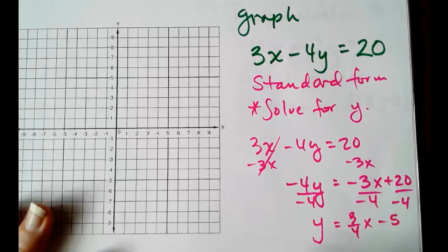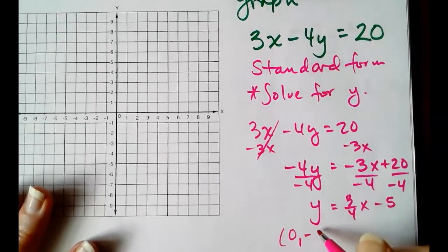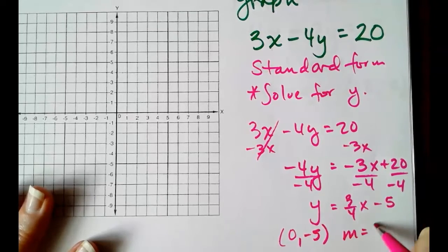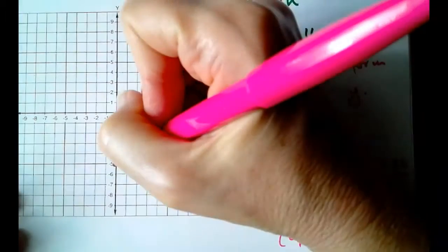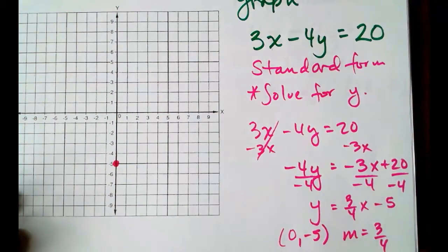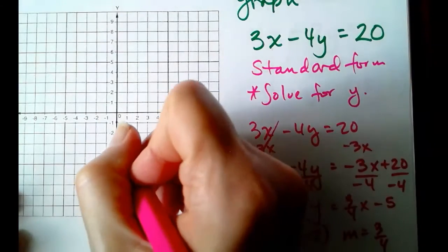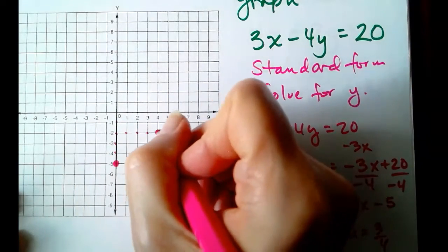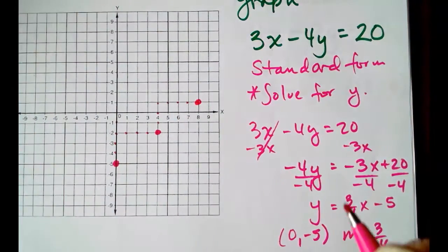So we have a line that has a y-intercept at (0, -5), and has a slope of 3/4. Now it's very easy to graph. So here's my y-intercept, and my slope is positive this time. Up 3, over 4, up 3, over 4. So here's our line.